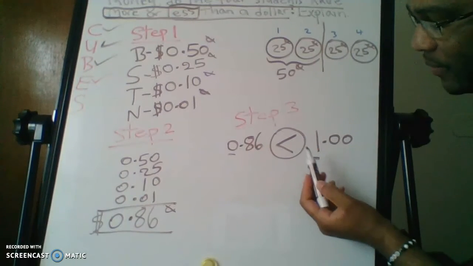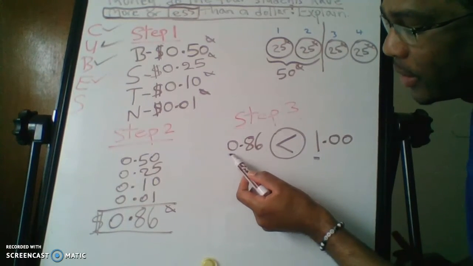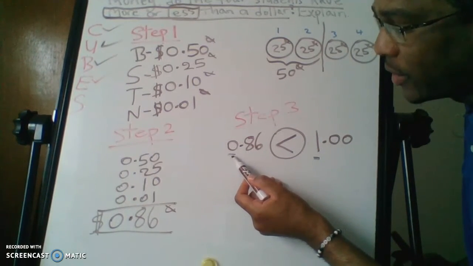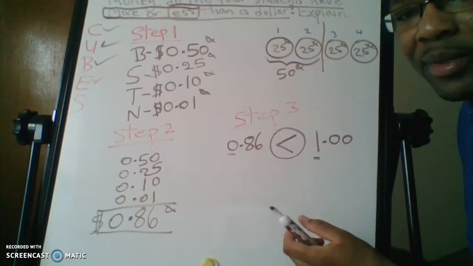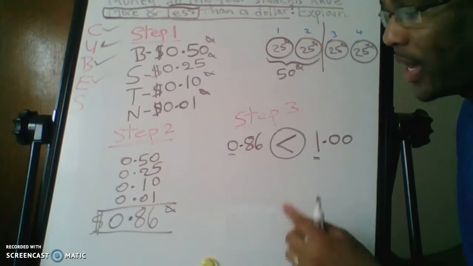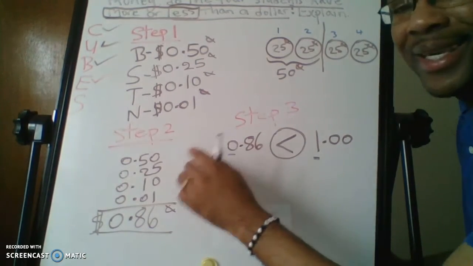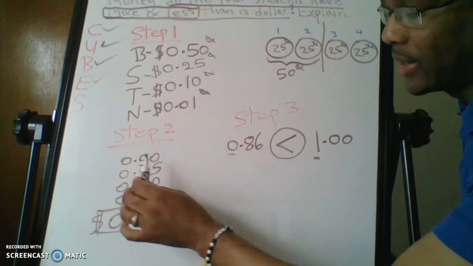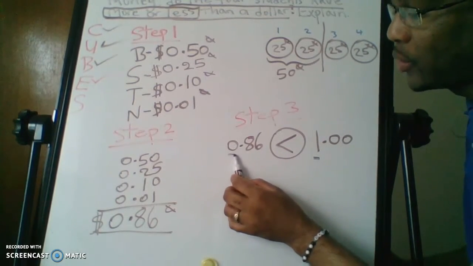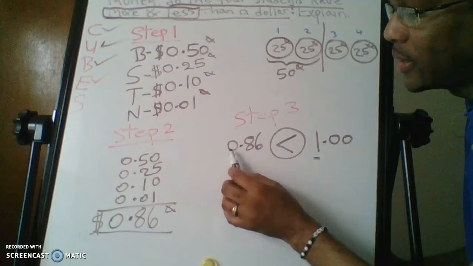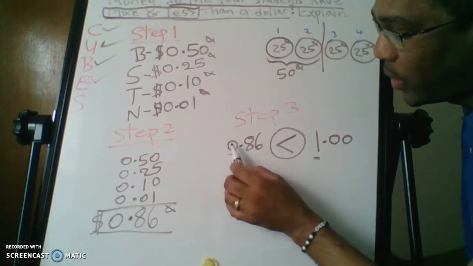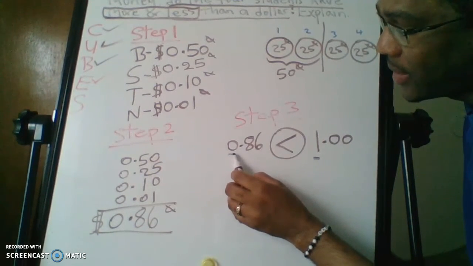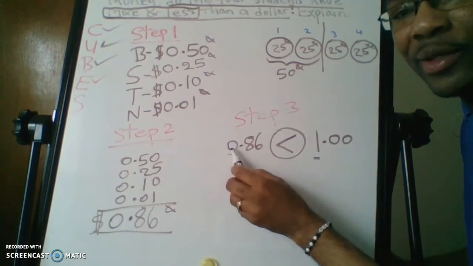Again, I am comparing place values. When I am comparing two numbers to find out which one is greater, I will start with the largest place value. The number on the left here is the ones place, and the ones place here is 0. That's the value of that number.